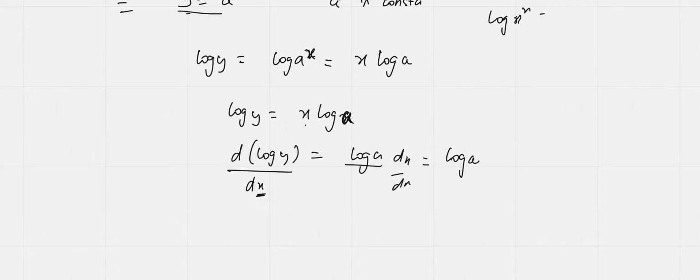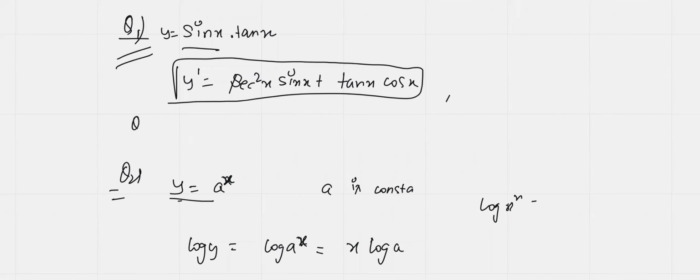Before this, I'll give you the formula. Differentiation of log of anything is nothing but 1 by that thing, times its derivative. I will simply say that differentiation of log x is nothing but 1 by x.